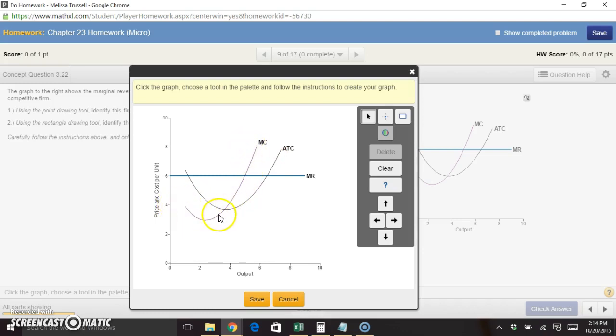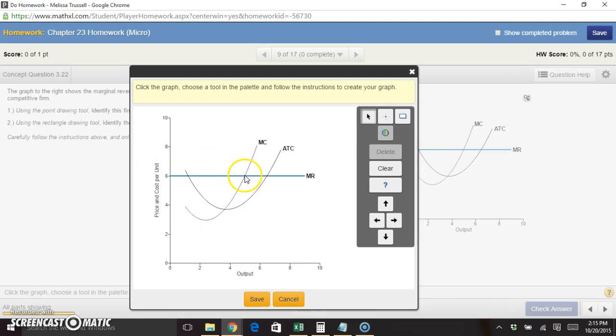Marginal cost is a measure of the extra cost that you incur just by adding that last unit on. So when we decide to output 5 products, our marginal cost of that 5th one looks like about 6.